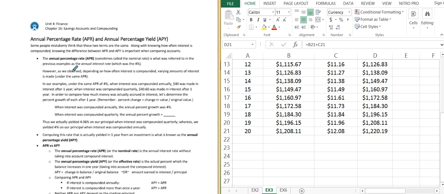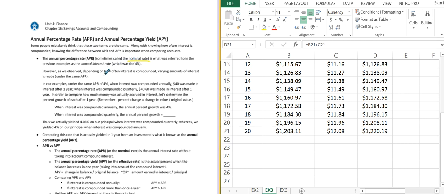So what we've been looking at so far, that 4%, that annual interest rate, that annual percentage rate, is also sometimes called the nominal rate. This is what Excel will refer to it as when later I show you an Excel function that will do this work. That's this 4% that we've been discussing. That's the annual percentage rate or the nominal rate. Now, here's what's interesting.